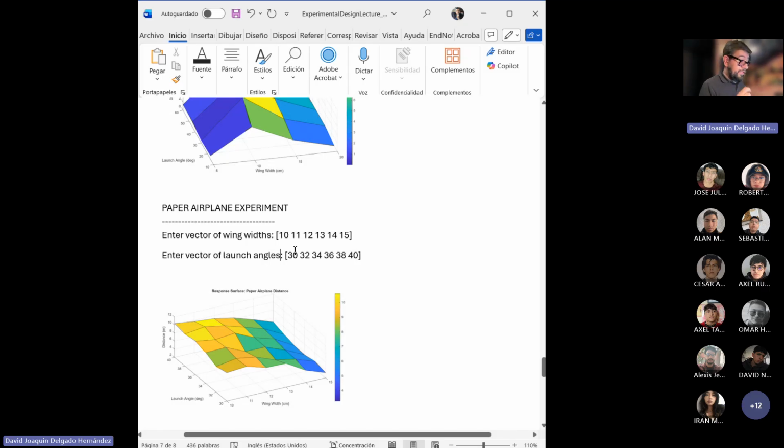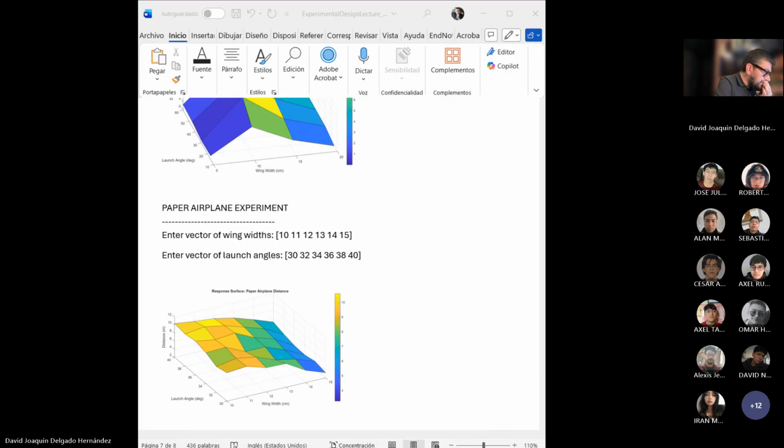What you should do is to use 10, 20, 30, and so on, okay? That they are widely apart in order for you to determine the best way to optimize this experiment, okay?